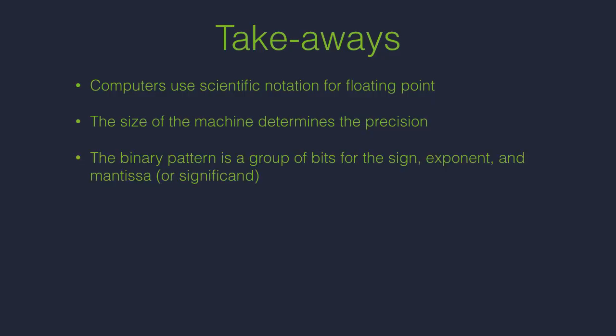The bit pattern is a group of bits for the three major components, which is the sign, the exponent, which is the position of the decimal point before we converted it, so where is it located, and the mantissa, or the significand. Those are 3 elements that we've captured in our new bit pattern. Repeating patterns are rounded. Therefore, approximation can occur.